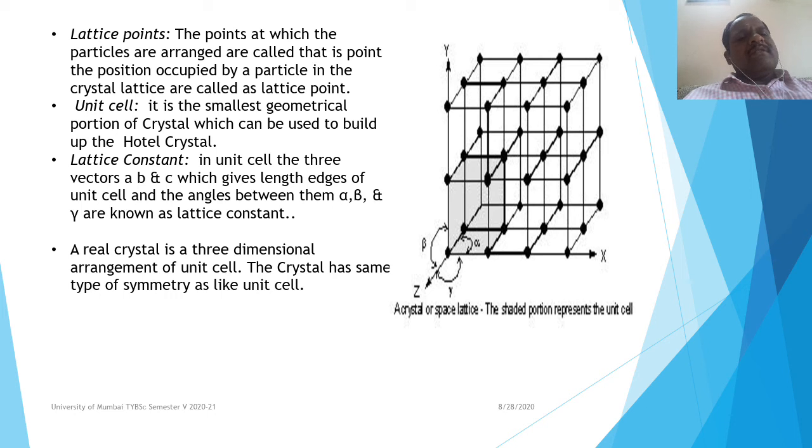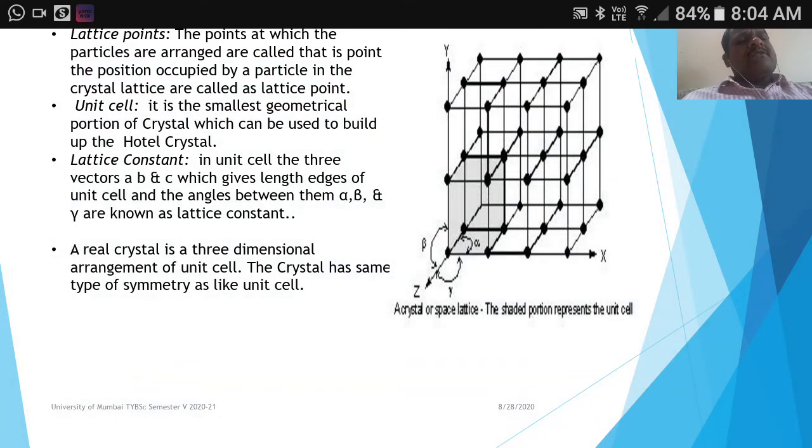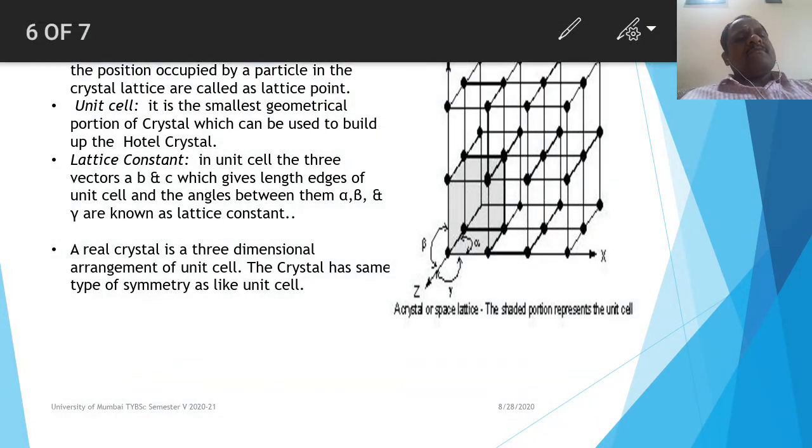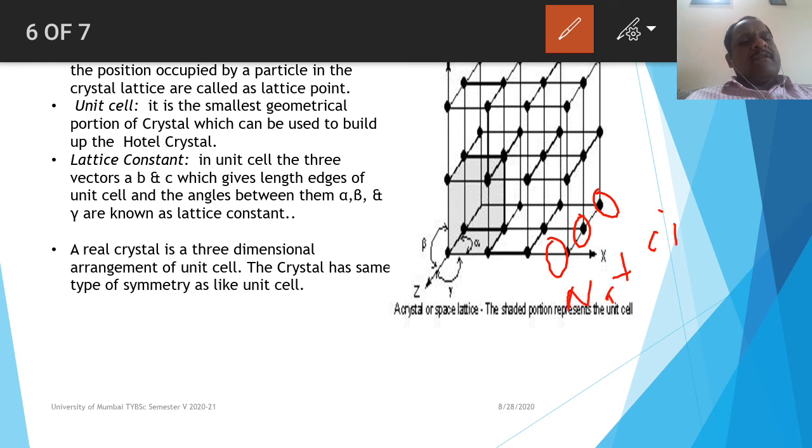Suppose this is one kind of crystal, and here I have arranged such points. Actually there is an arrangement of some ions or molecules like Na+, then Cl-, then Na+. That arrangement will be seen at that point. So that point is called a lattice point.